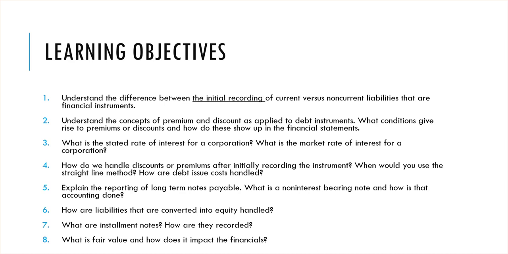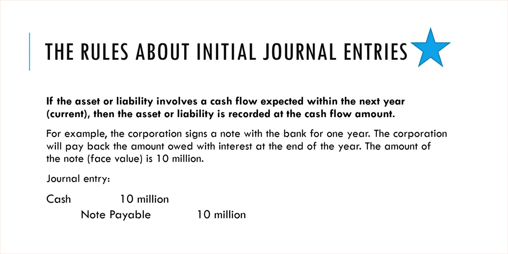And this is our learning objective 3. And then you see, if you go on to learning objective 4, we're going to talk about what happens after they get on the books. So this again is all about recognition, how you come up with the numbers, and how you do your journal entries initially.